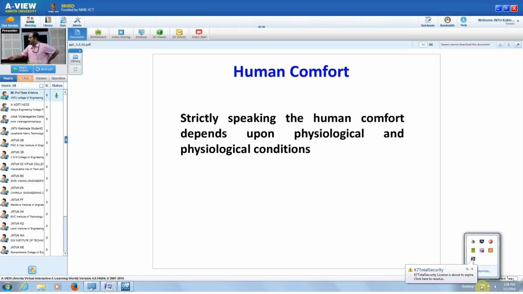Generally, a simple example: the human body temperature is 37 degrees centigrade, or 98 degrees Fahrenheit. If you convert into degrees centigrade, it may be 37 or 36 plus something. Right? We are talking about degrees centigrade.